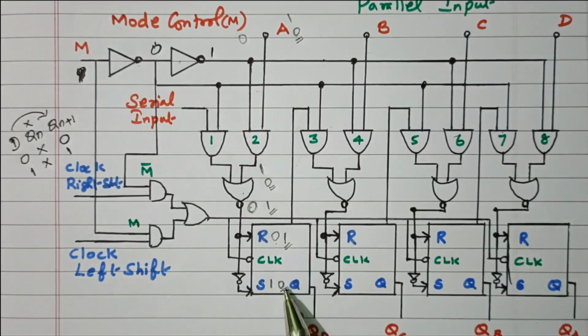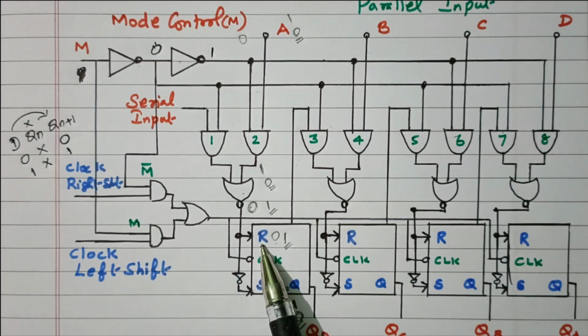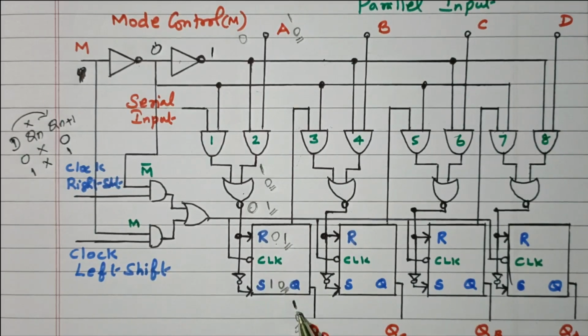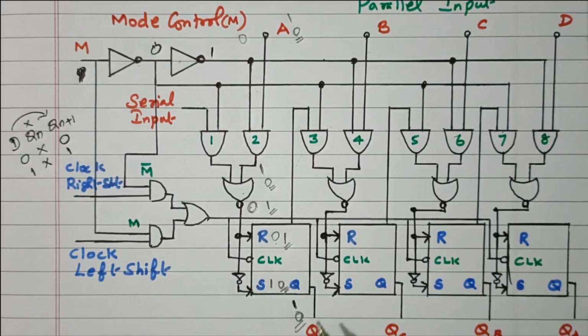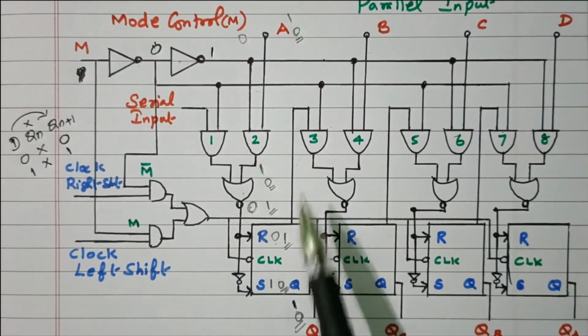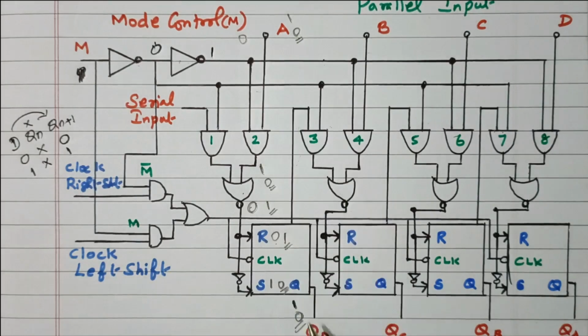The inverted input 0 is applied to S, right? S equal to 0, R equal to 1. R equal to 1 means reset. Reset means whatever may be the present state, the next state will be reset to 0, right? So we'll get 0 as the output. That is, if A equal to 0, the output is also 0, right?